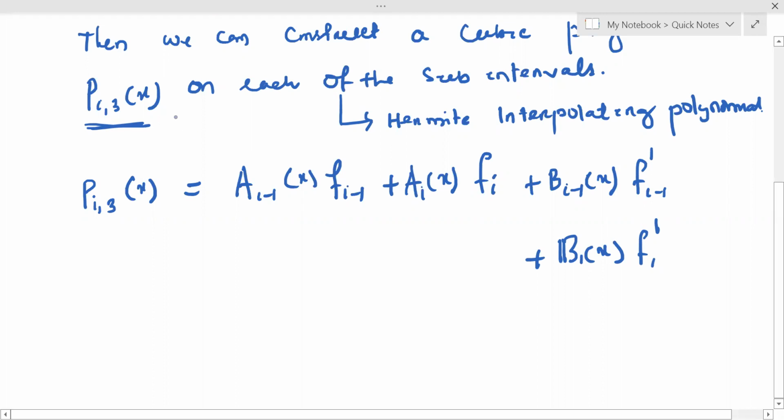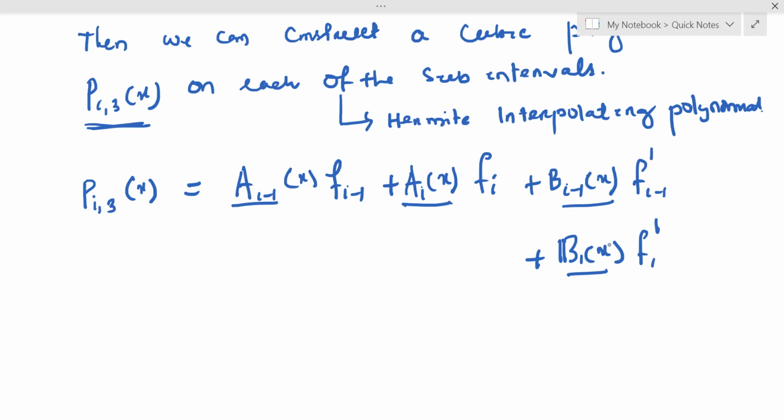Basically a_{i-1}, a_i, b_{i-1}, b_i are what we need to calculate and substitute there, and this polynomial is called the Hermite interpolating polynomial.